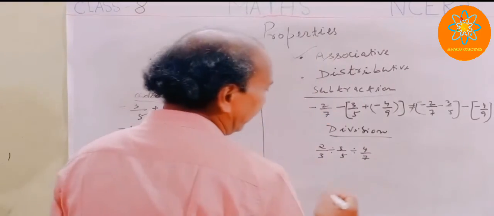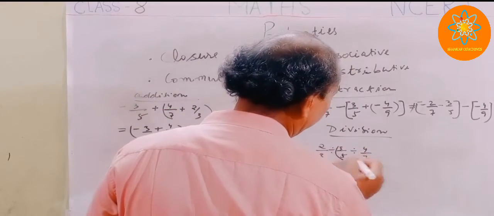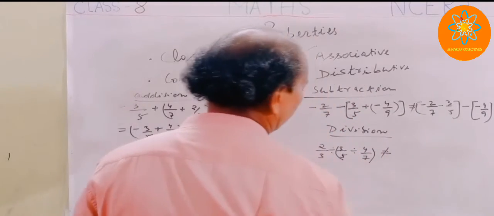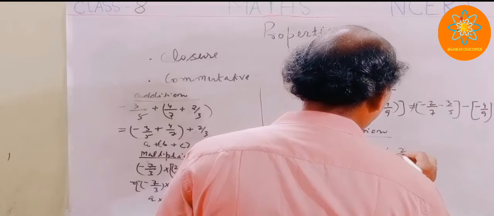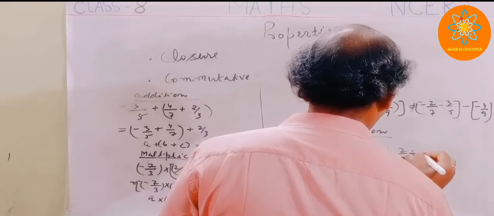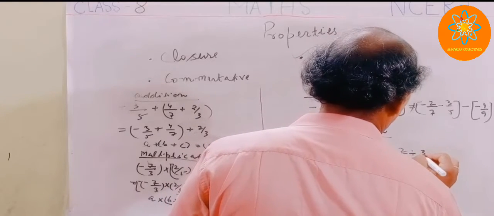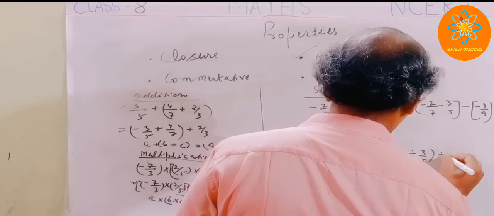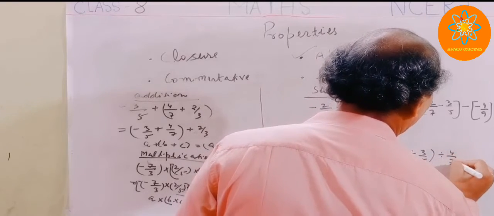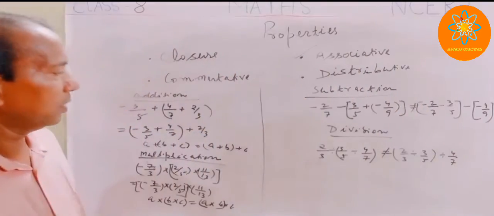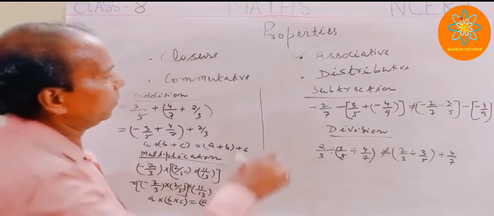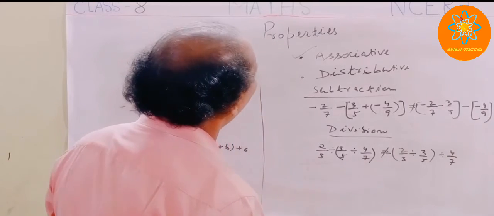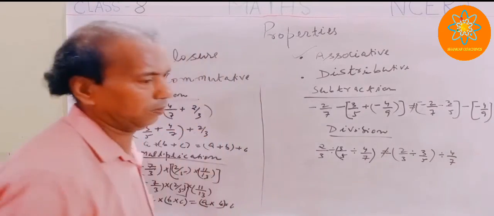So in the division case, if I take the bracket on the first two, it is not equal to 2/3 divided by the bracket of 3/5 divided by 4/7. Hence, associative property is not true for division.